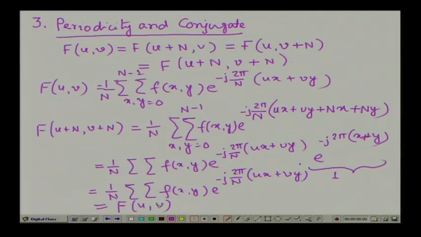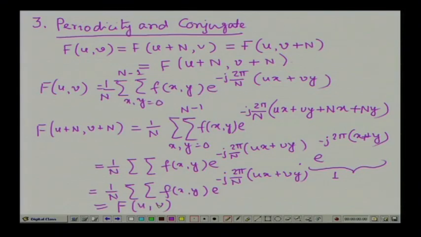So, as we said, the discrete Fourier transformation is periodic with period capital N, both in the u direction as well as in the v direction, and that can very easily be proved like this. By this mathematical derivation, we have found that F(u+N,v+N) is the same as F(u,v), and the same is true in the case of the inverse Fourier transformation.